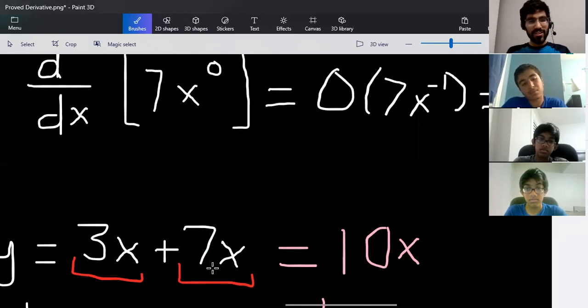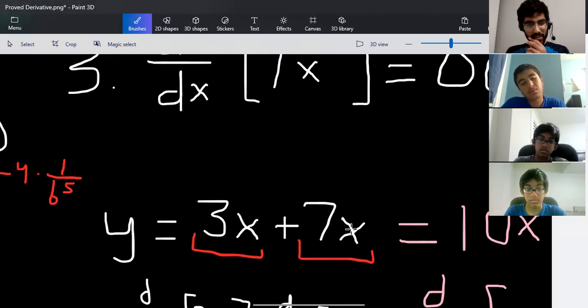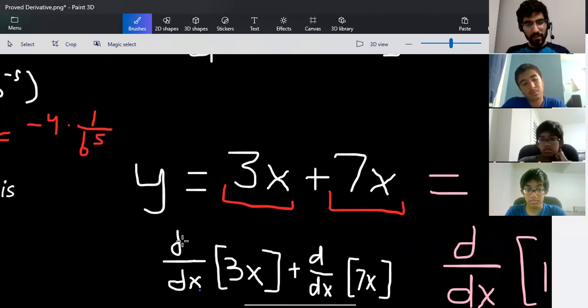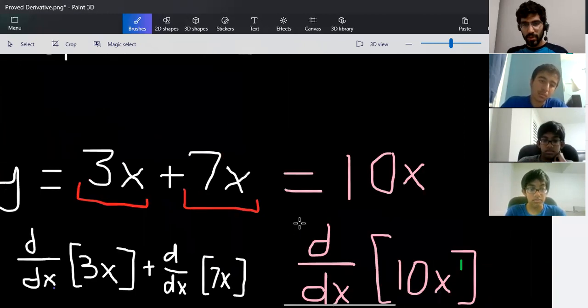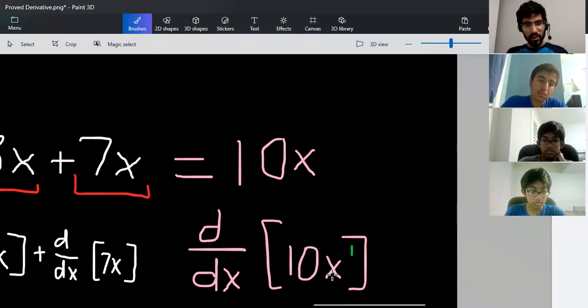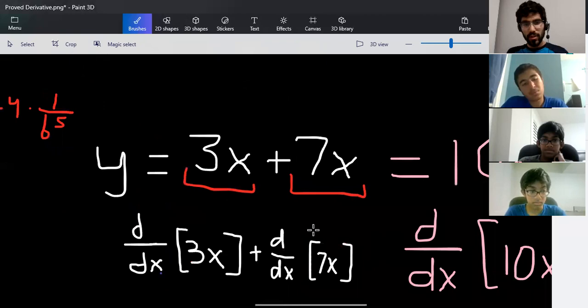Instead of adding these together into 10x, what if we took the derivative of each and added those together? Here, we added these together first and then took the derivative. Here, we're taking the derivative first and adding them together.